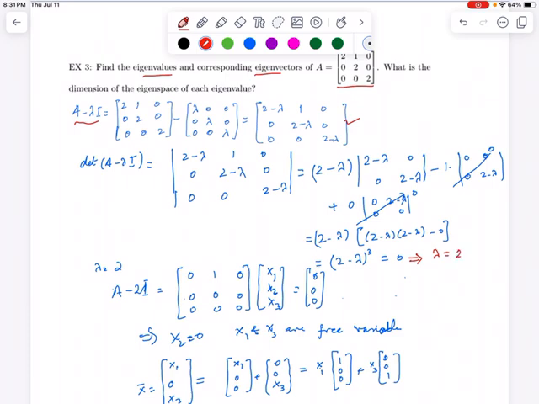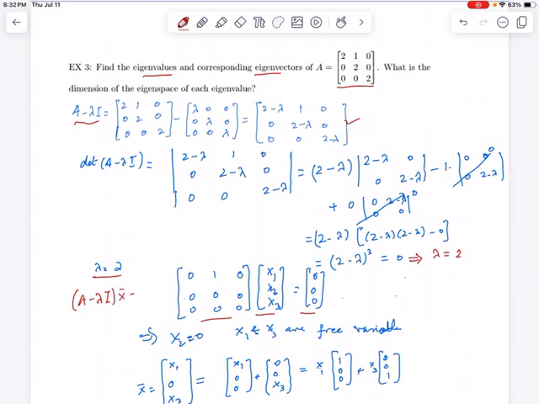Now for lambda equal to 2, we will have to go back to A minus lambda I, and we can plug 2 in there for lambda in the matrix. We end up getting this matrix times x equals 0.